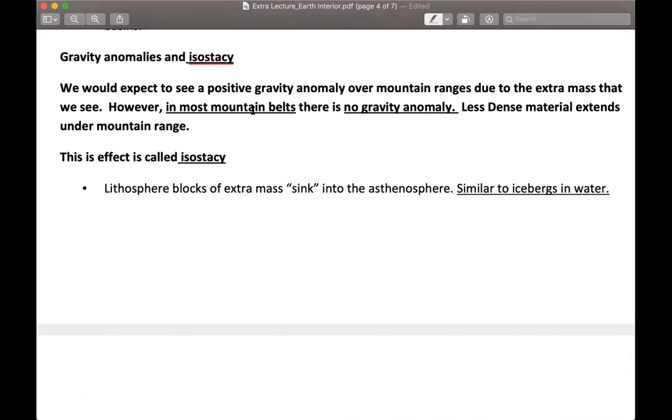For example, once you create a mountain, you are generating a huge mass, or you are concentrating a huge mass into a localized region. But as a result of this isostasy, not only do materials come up through the upliftment, the block of this huge mass tries to sink downwards as well, right?